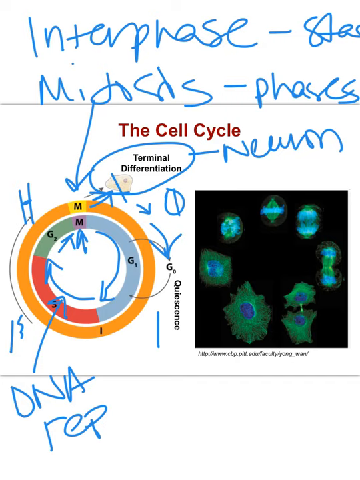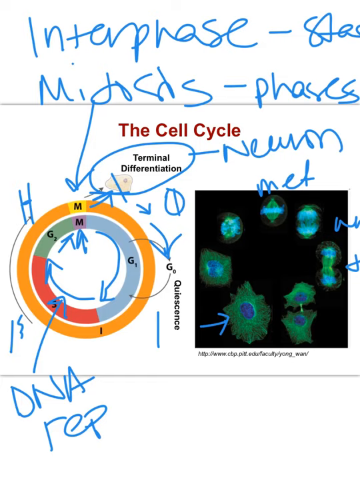This little picture over here is just the cute little guy for the phases of mitosis, right? Can we see any of these? This has got to be prophase, prometaphase. This one's got to be metaphase. This one's going to be anaphase.